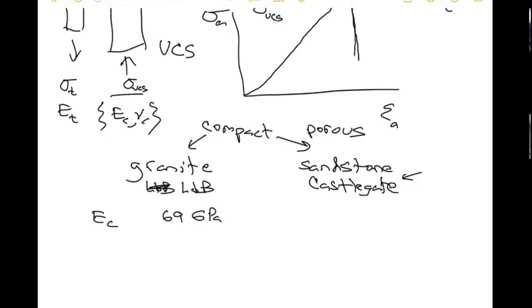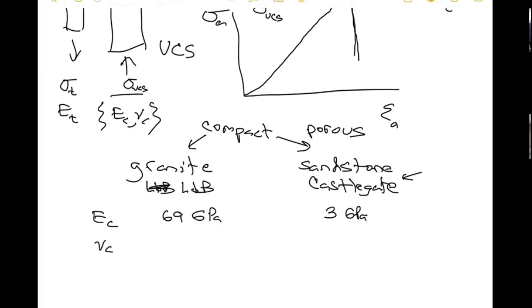Okay. The answer is right. Sandstone is typically less stiff, it's like less connected. There's more porosity in there. There's less places for springs, if you will. And so for Castlegate sandstone, this is about 3 GPa. It's quite a bit less stiff.